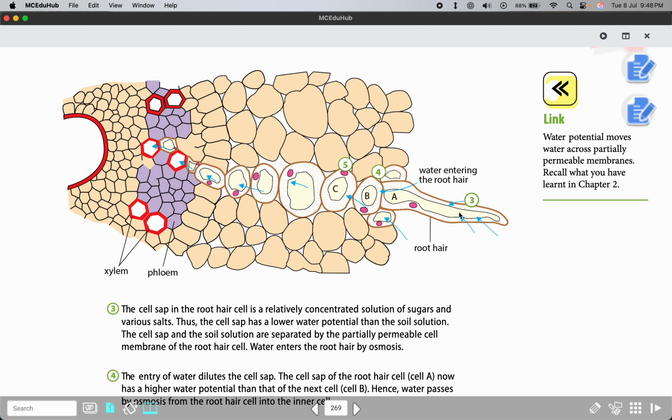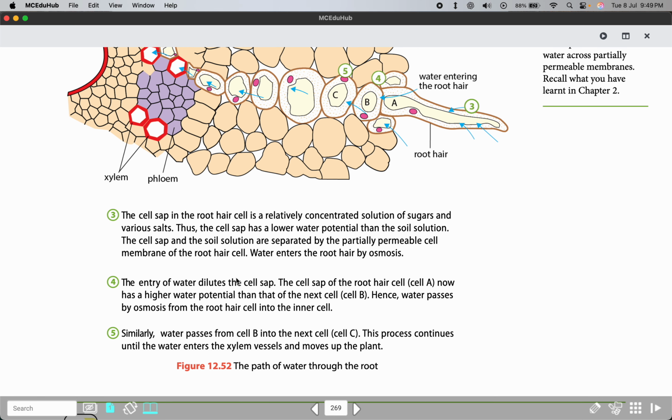Once the water enters into the first cell, let's say cell A, the entry of that water would dilute the cell sap. This causes the cell sap of root hair cell A to have a higher water potential as compared to the next cell, cell B. So water will then pass again by osmosis from the root hair cell into the next cell, B. Then this process repeats, from B to C, because it's a continuous chain of events.